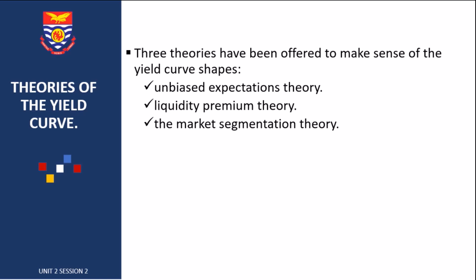And if they expect that in the future there will be no change in the interest rates, you realize that according to the expectation theory, no matter the number of years you are borrowing, the same interest rate will be charged to different borrowers within different maturity periods. So I want to move on to the liquidity premium theory.